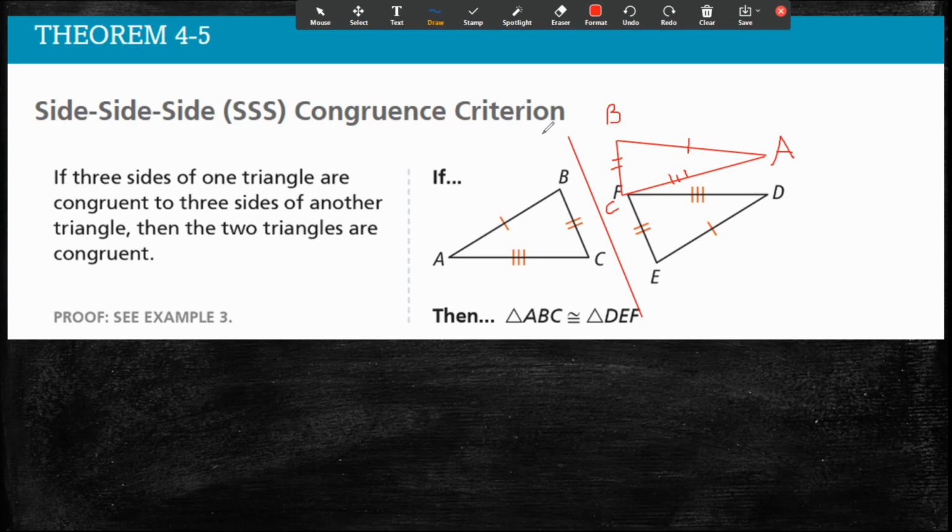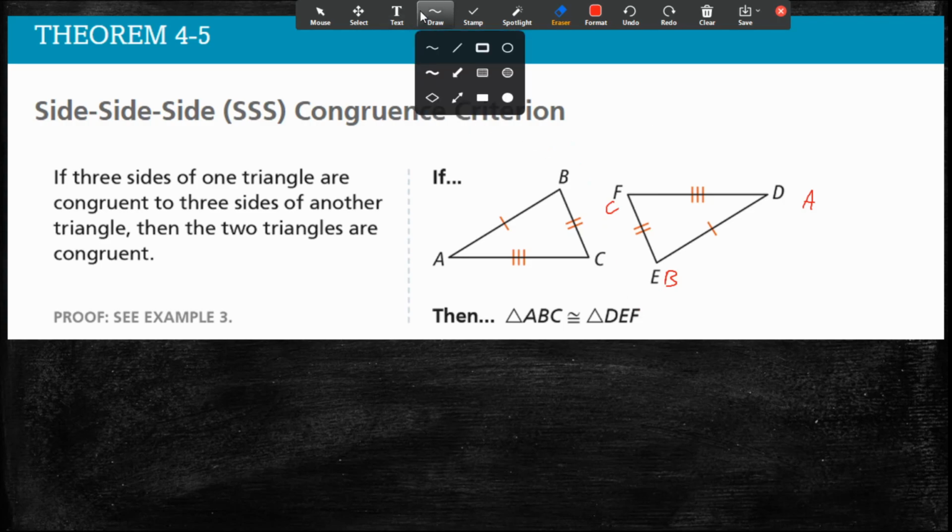Now when I end up in this situation, I can draw a second line of reflection that will turn this triangle over onto this one. And if I were to do that, I would end up with B here, A here, and C there, as it pretty much is in my current drawing.